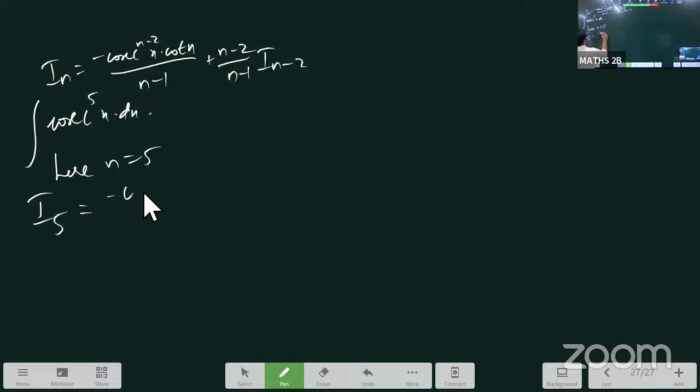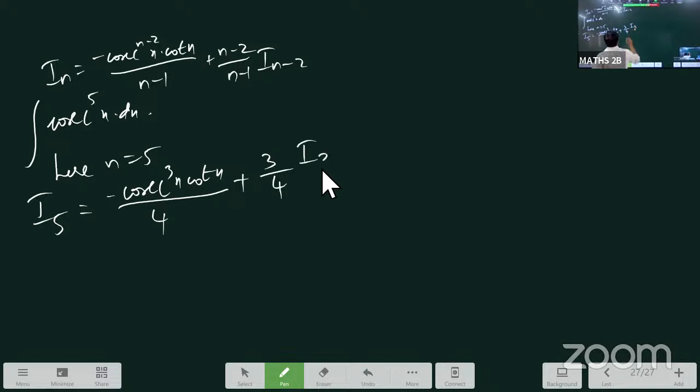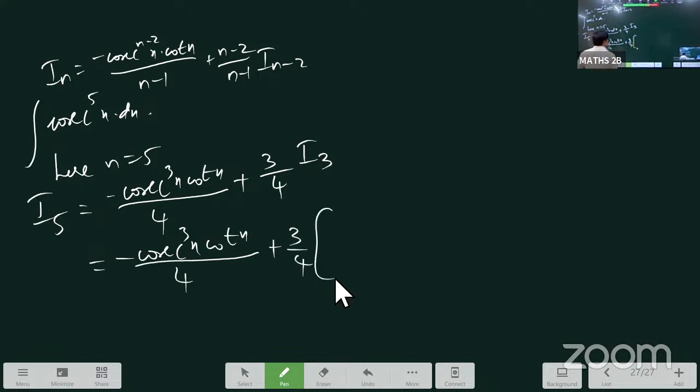I5 is minus cosecant cube x cot x by 4 plus, 5 minus 2 is 3 by 5 minus 1 is 4, plus 3 by 4 into, what is I3? Minus cosecant x cot x by 2 plus 1 by 2 I1.